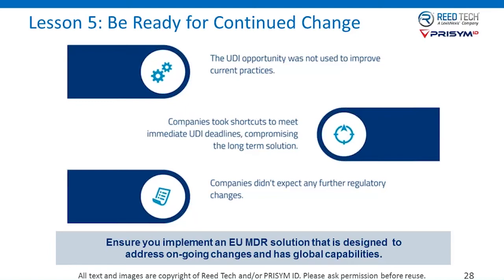A well-implemented solution can give you a competitive edge, of course. If you put systems in place for FDA UDI, think about how satisfactory the results were. Did it deliver what you wanted it to deliver? Are there opportunities where the systems that you put in place for FDA UDI can be improved?